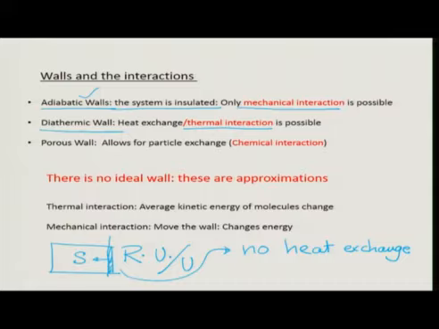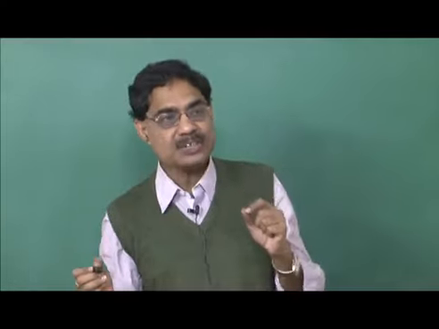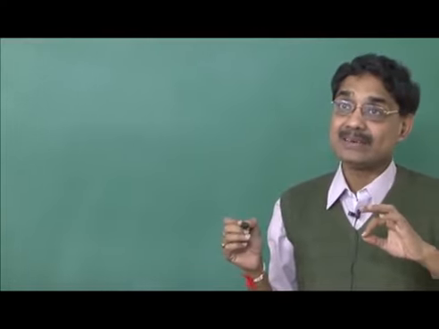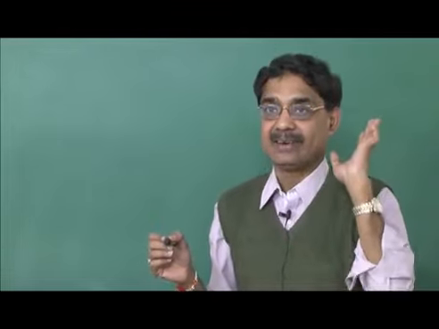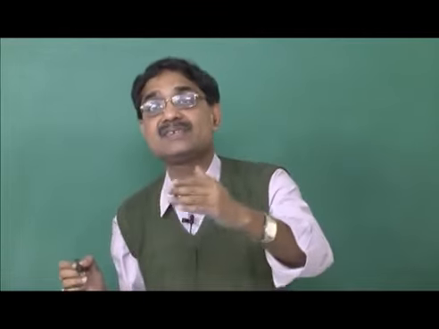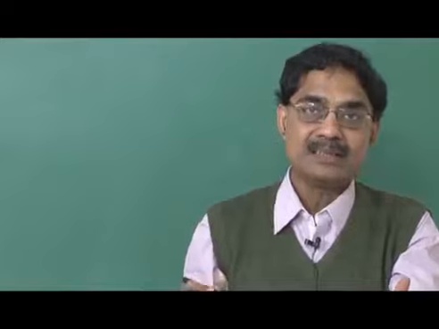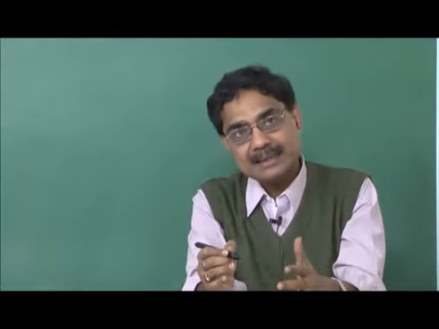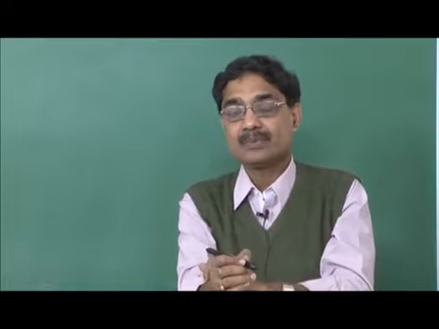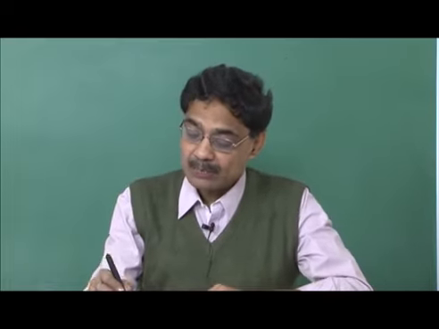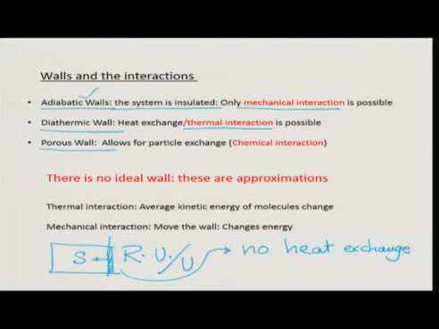So, we can in general have a wall in which you will have both thermal interaction and mechanical interaction, but these are two idealized situations. In one there is no heat exchange possible, in the other heat exchange is possible. Also it is not part of our syllabus, we will not go into that. There could be porous walls which allow for particle exchange. Okay?